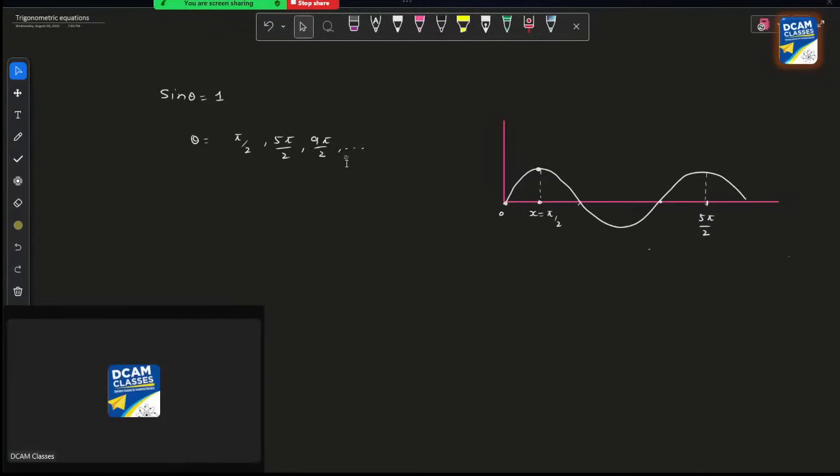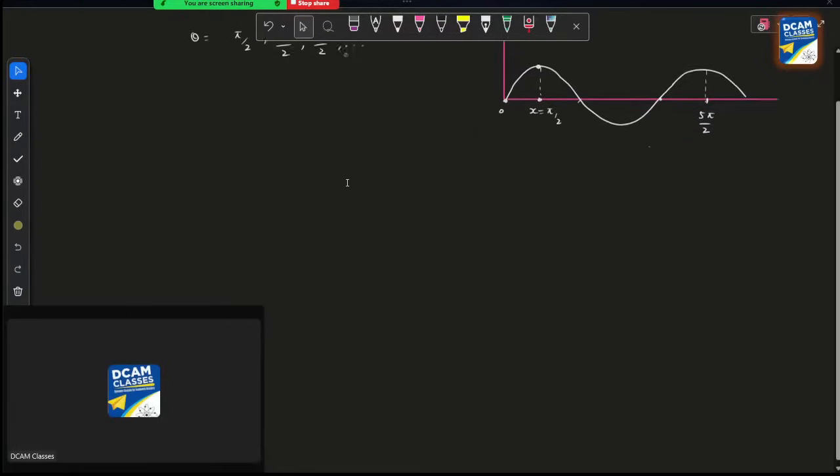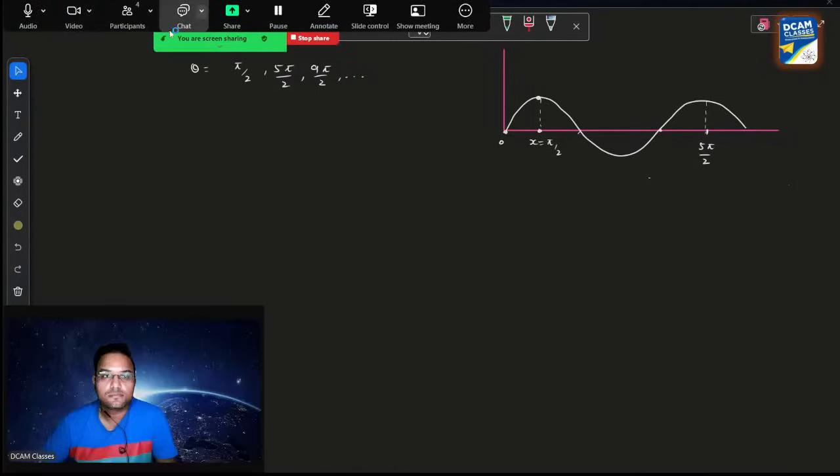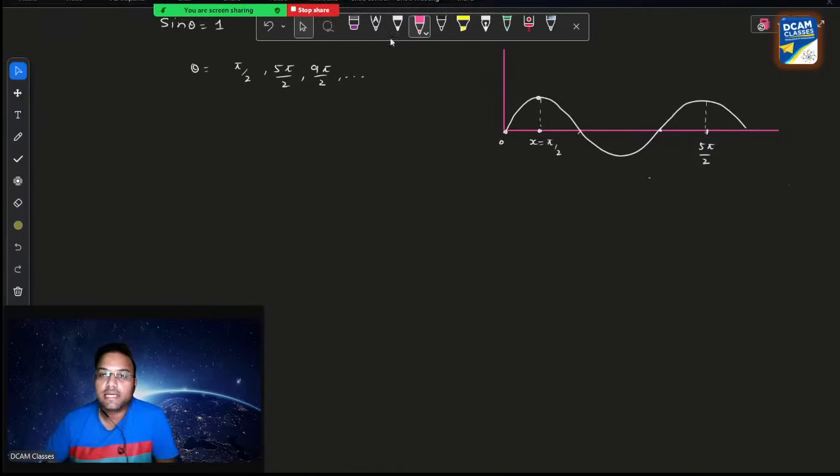Usually, whenever you have sine theta is equal to sine alpha, the basic solution is theta is equal to 2n pi plus or minus alpha.